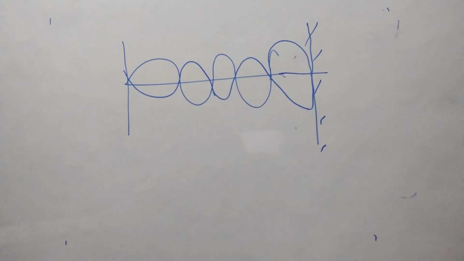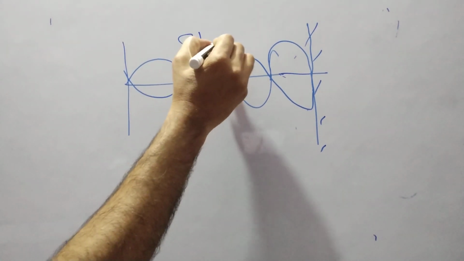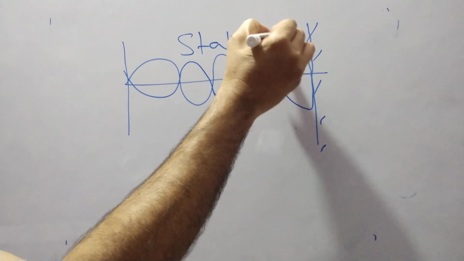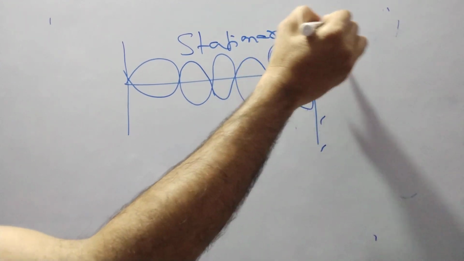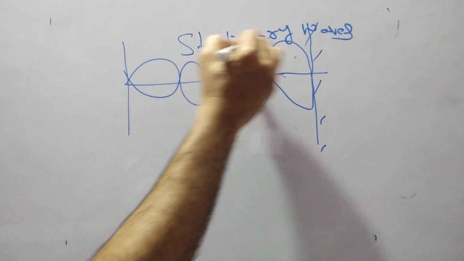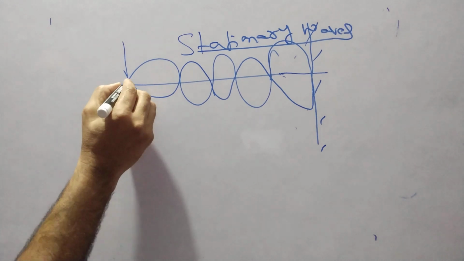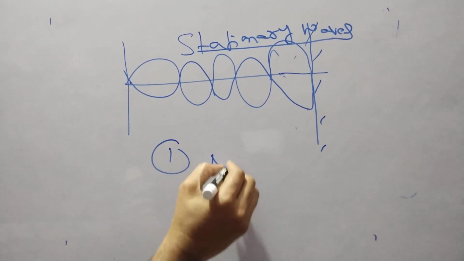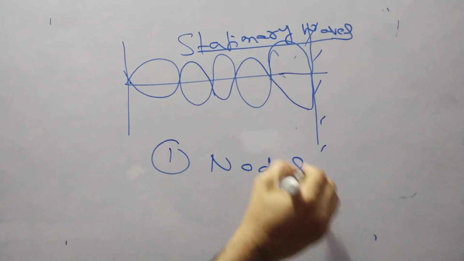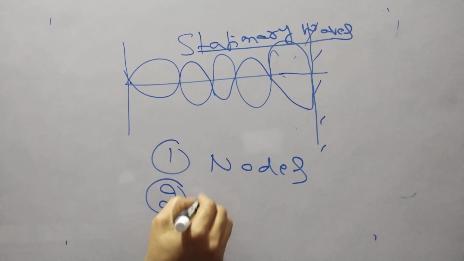So this is a stationary wave. I explained in detail about the stationary waves, you can see that video. Now we are discussing nodes and antinodes. Nodes, second is antinodes.